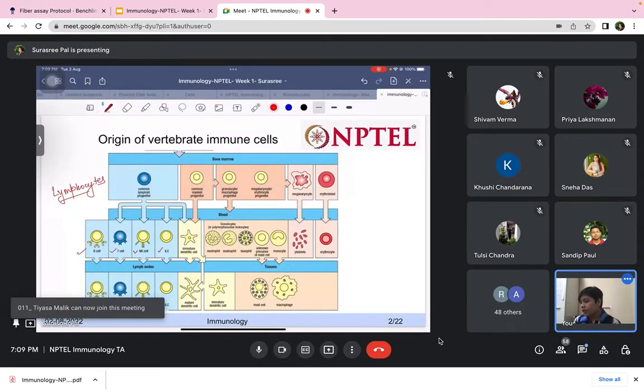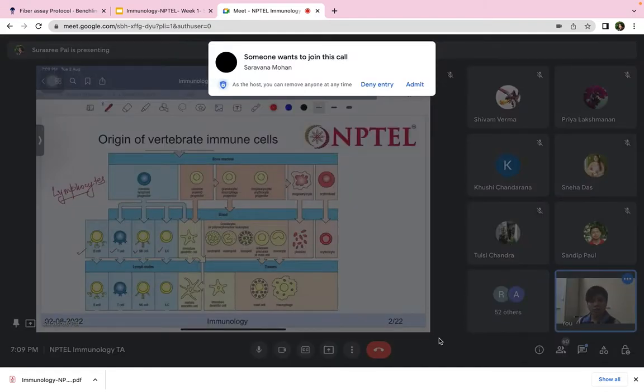All right. So from the common lymphoid progenitor, these types of B cell, T cell, NK cell, they all originate. And here you can see one thing, that this is still taking place in the blood, right? The common lymphoid progenitor is originating different types of cells.